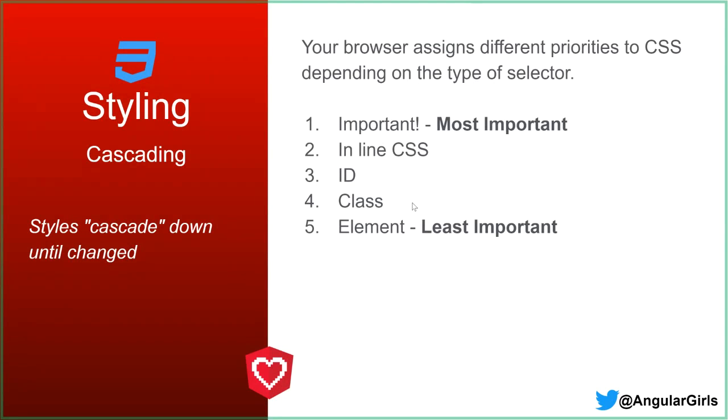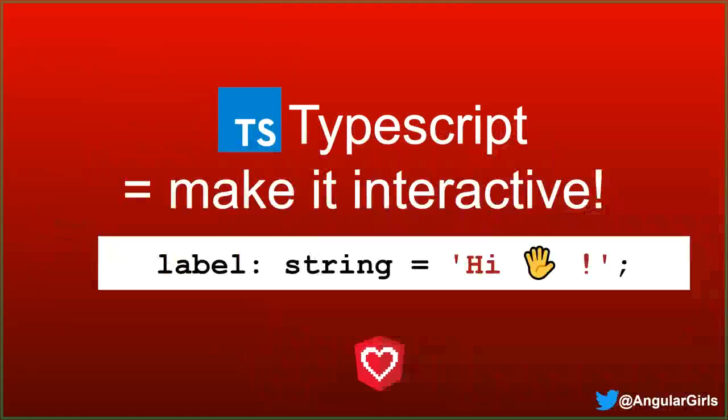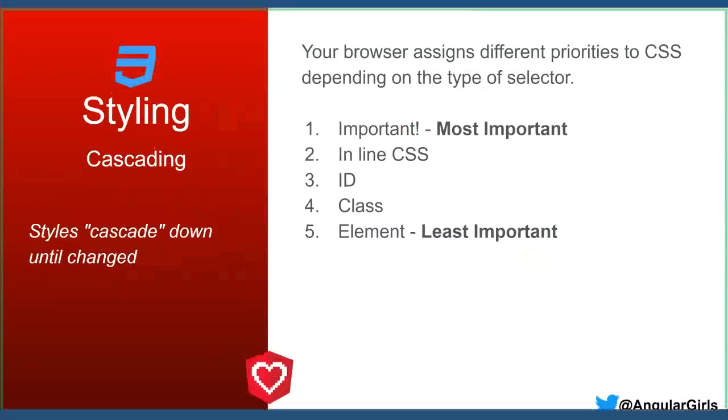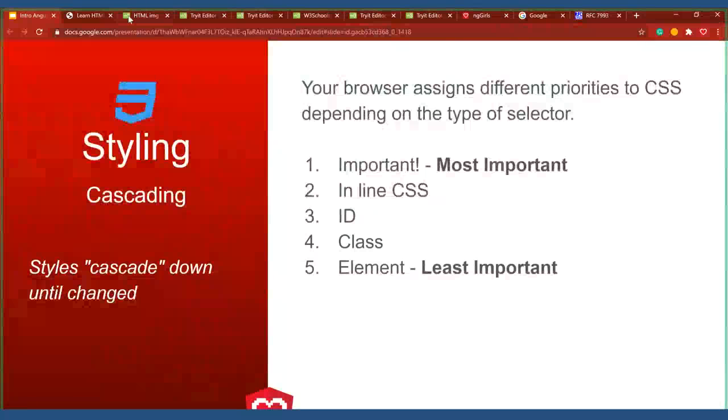And this is what is also meant by cascade. So you have these different priorities, which the browser just reads and sees, oh, I have to display it this or that way. And yeah, you can do a lot more weird stuff with CSS.